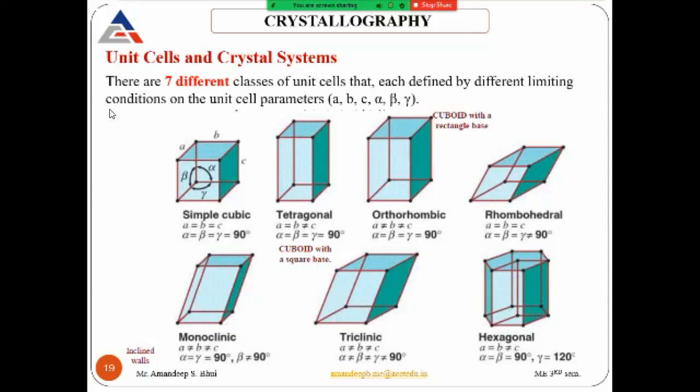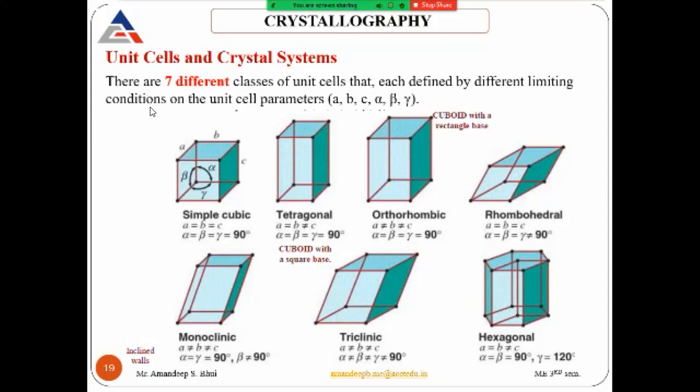In simple cubic, a equals b equals c, means all 3 sides are equal, and all 3 angles are equal to 90 degrees: alpha equals beta equals gamma equals 90 degrees. So this is your simple cubic unit cell.